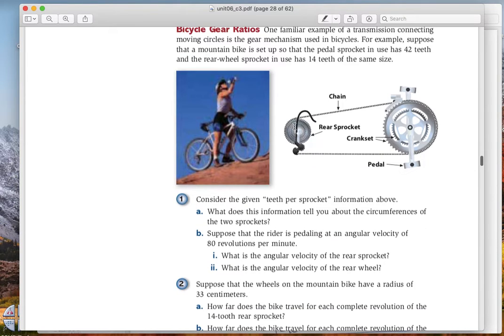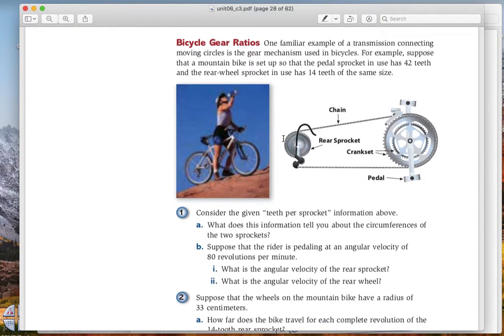Now, with this in particular, if we go over the bicycle gear ratio, this is kind of what we did in class. This pedal is connected to this main sprocket, or I guess you could say this main gear. And as this rotates, that's propelled by the pedal.